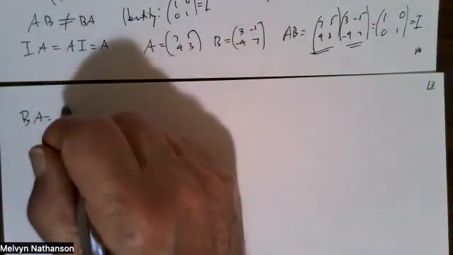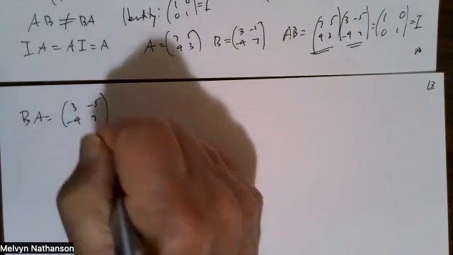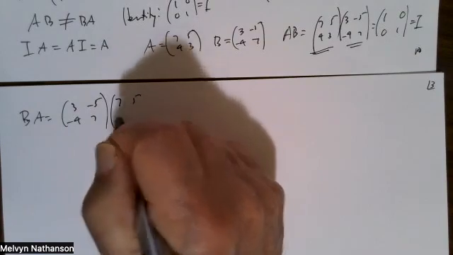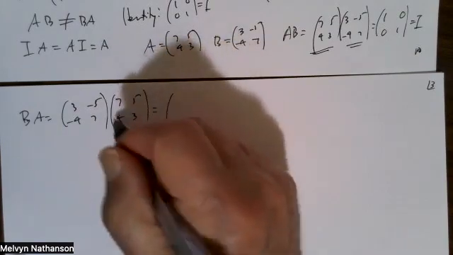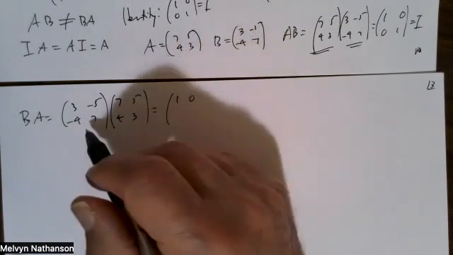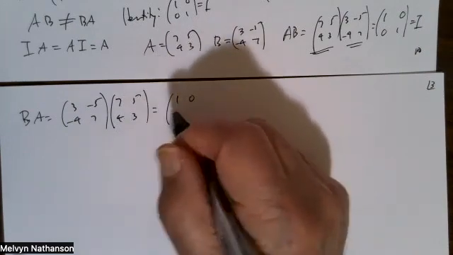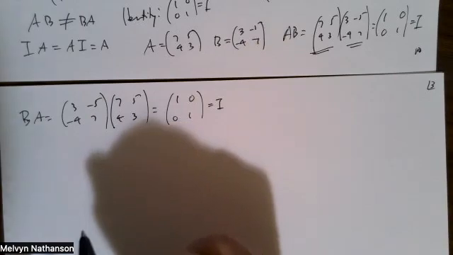B is 3, minus 5, minus 4, 7, times 7, 5, 4, 3. When I multiply, again, I get 21 minus 20, 15 minus 15, minus 28 plus 28, minus 20 plus 21. I do get the identity.